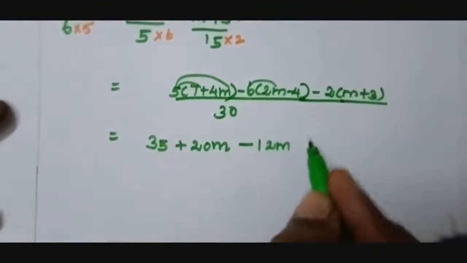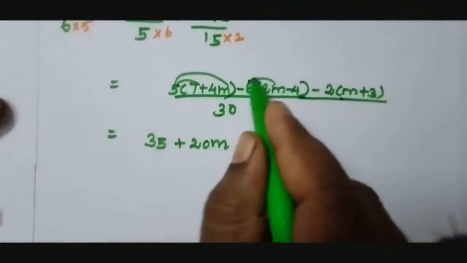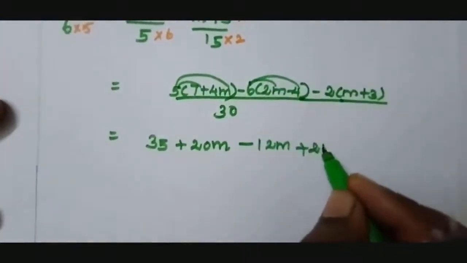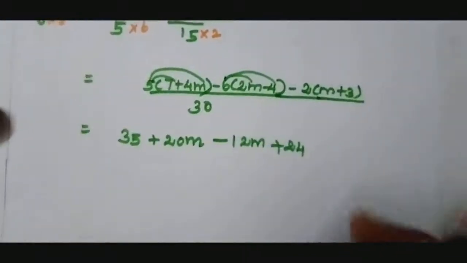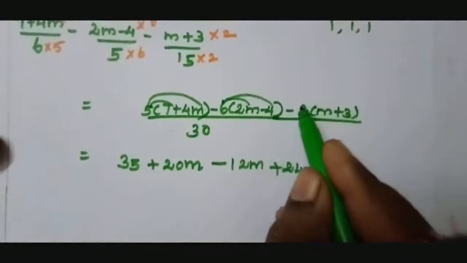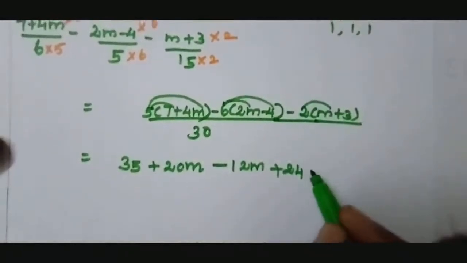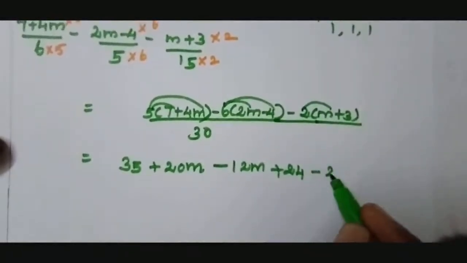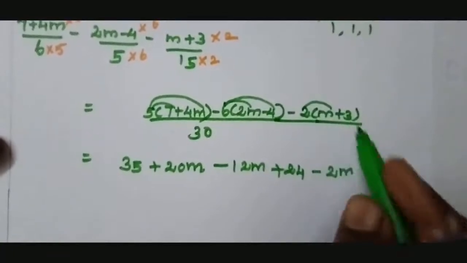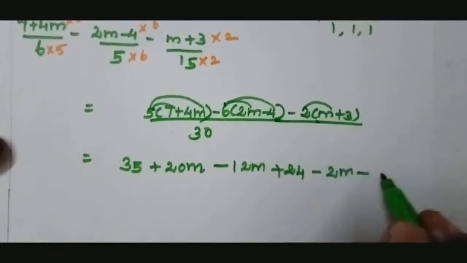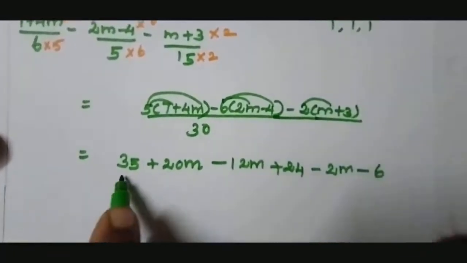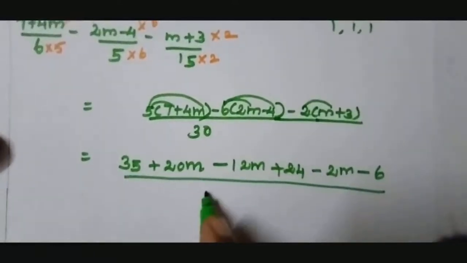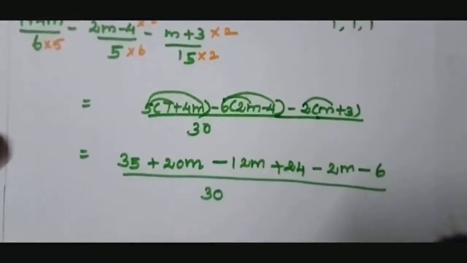Now minus into minus is plus, 6 fours are 24. Multiply this minus 2 with the terms inside the bracket. Minus into plus is minus, 2 into m is 2m. Minus into plus is minus, 2 into 3 is 6. Divided by 30. So what is the next step?